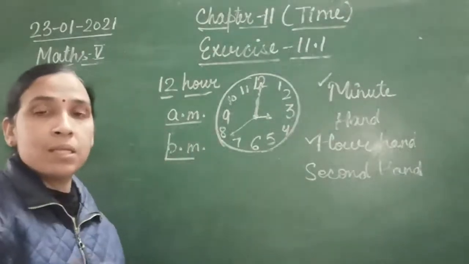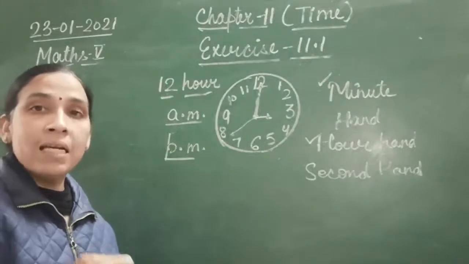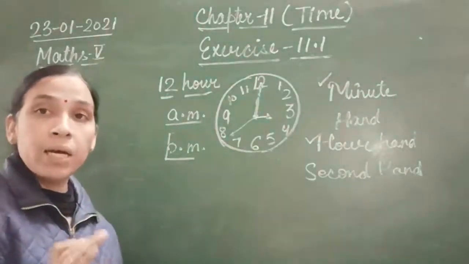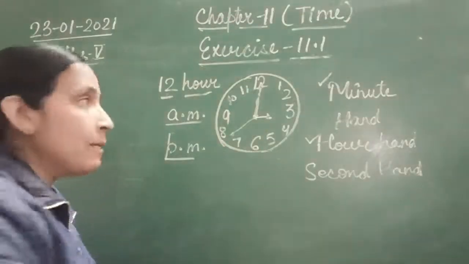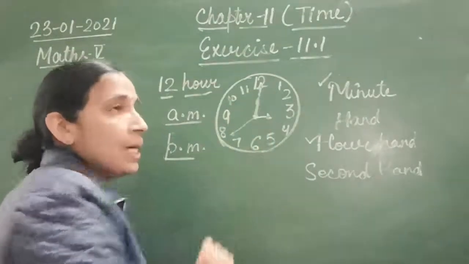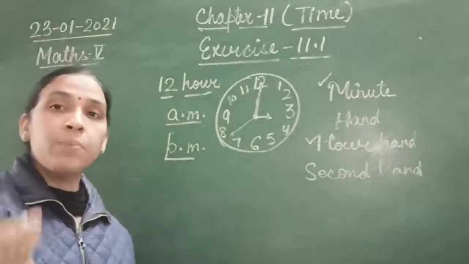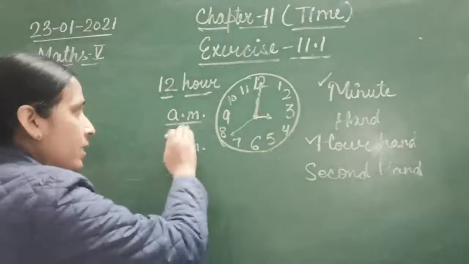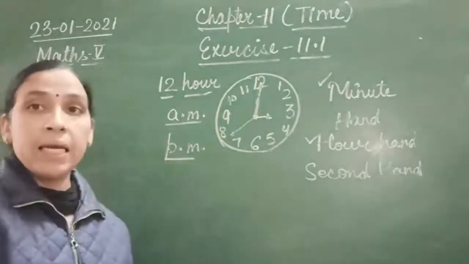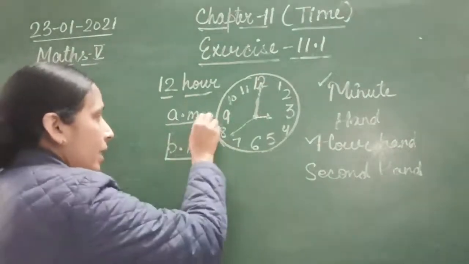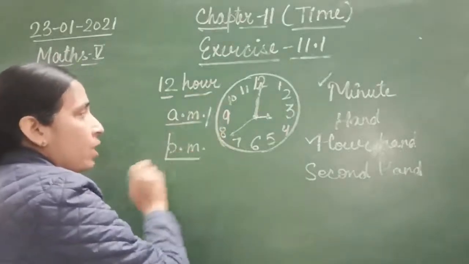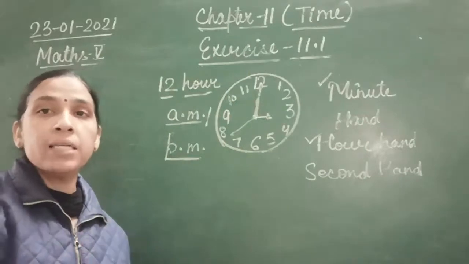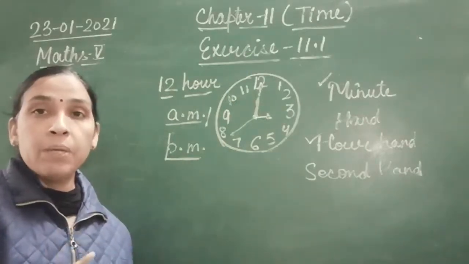AM is anti-meridian and PM is post-meridian. Here the meridian is taken as 12 noon or 12 midnight. So the 12-hour clock is used to write the time using AM and PM.